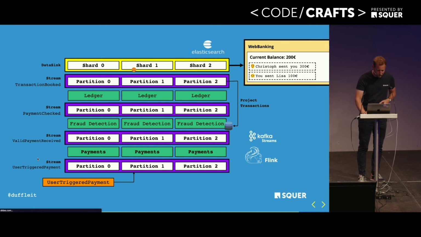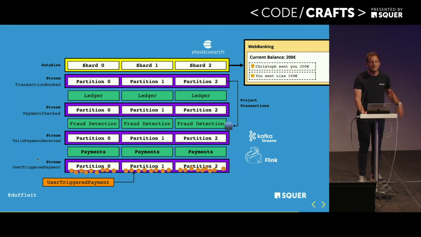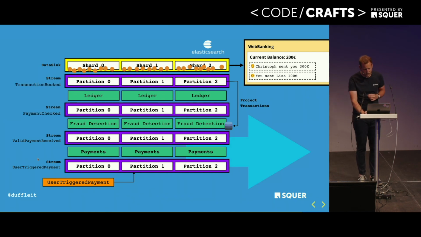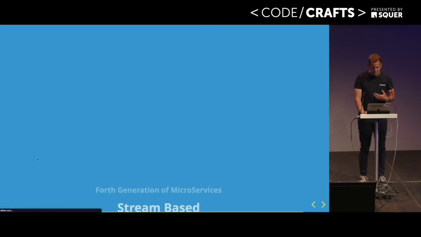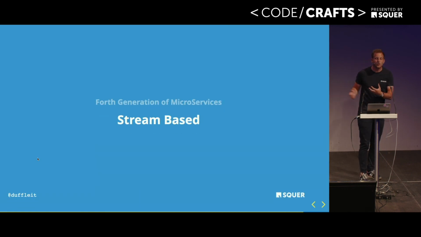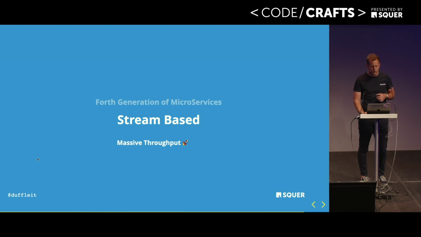So you can put thousands of transactions into the system because you can basically infinitely shard those transactions if you design your system well enough up front. And as I mentioned, there's massive scalability in those stream-based systems, right? And that's actually, I would say, the last evolution step of microservices: to go fully stream-based.